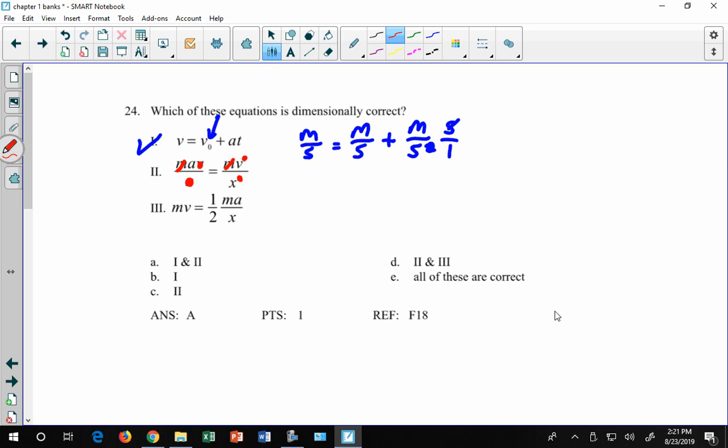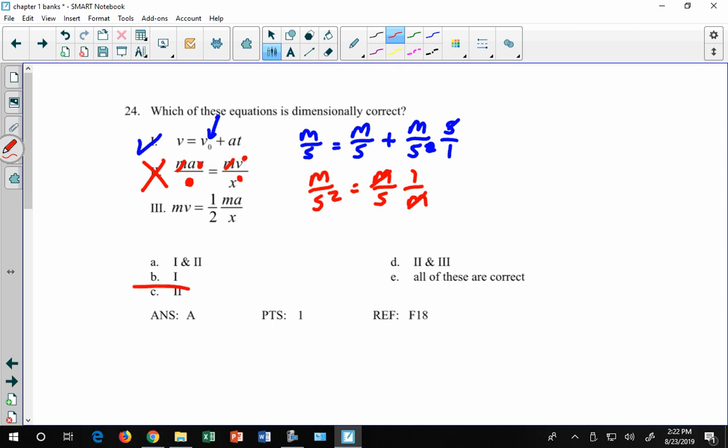Let me write it out. So I have meters per second squared, that's a, equals meters per second times 1 over meters. Is that dimensionally correct? No. The meters cancel. I have meters per second squared on one side and 1 over seconds on the other side. So not dimensionally correct.